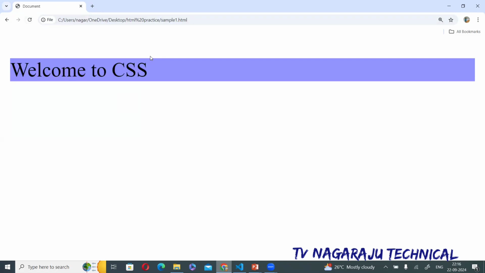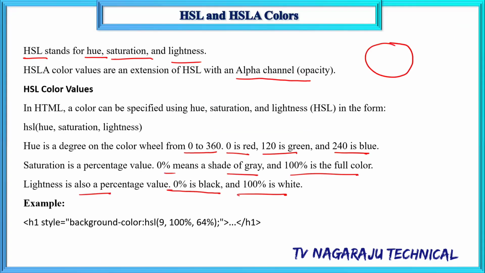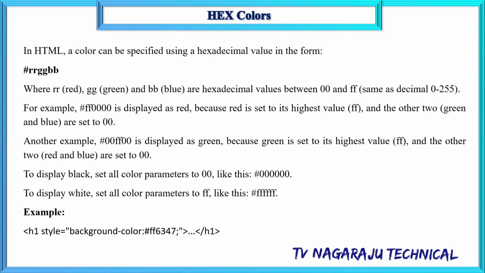Now we are moving into one of the other most important ways of coloring, which is by using hexadecimal format. Here each color is represented like this: hash followed by 6 digits. The first two digits represent red color, the next two digits green color, the next two digits blue color.